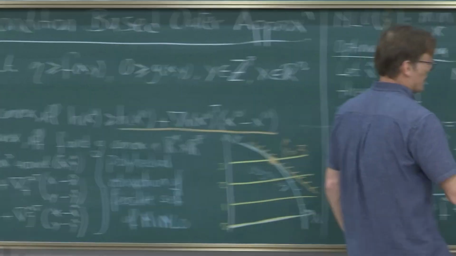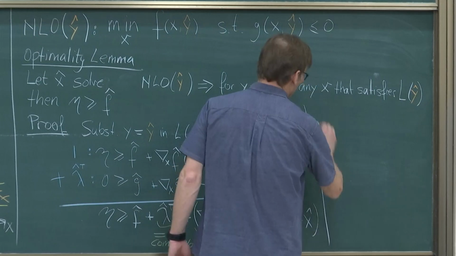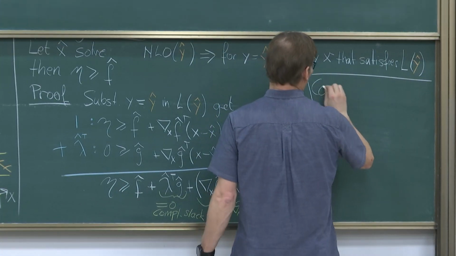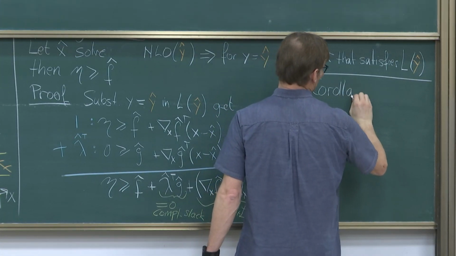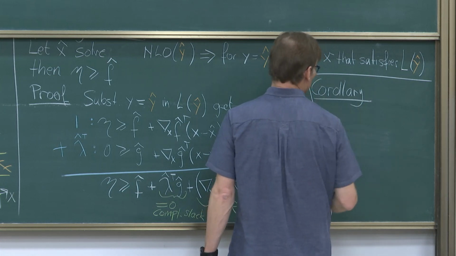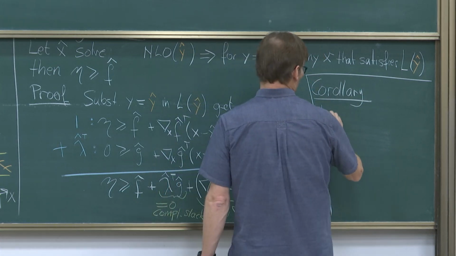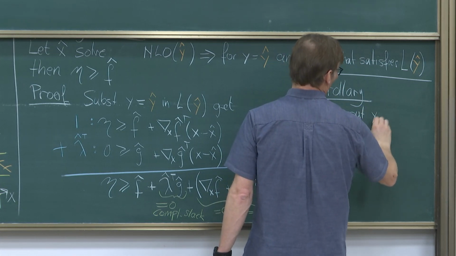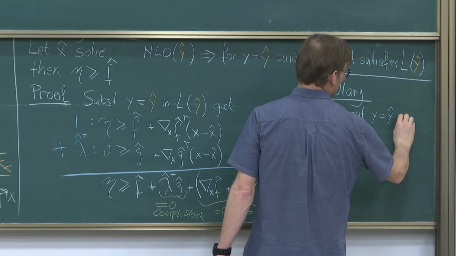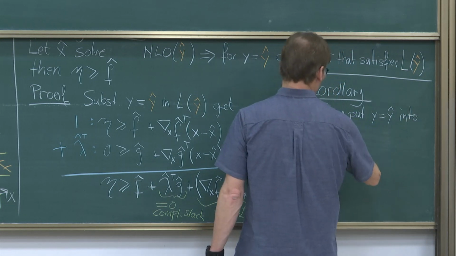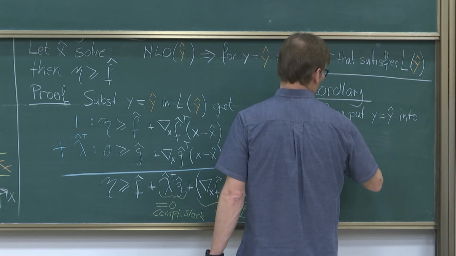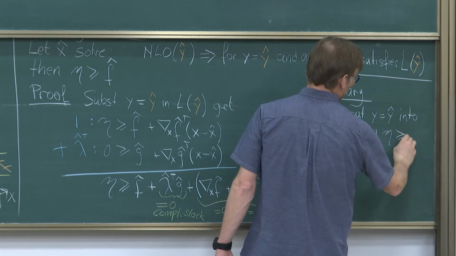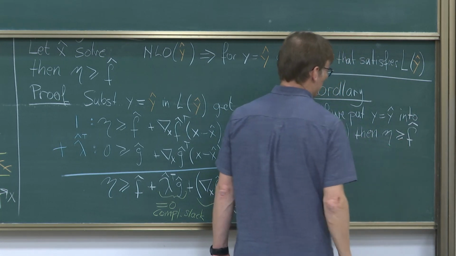So there's maybe a corollary here, and that makes it maybe clearer. Let's see if I can formulate this clearer. If we put y equals y hat into L of y hat, then eta is greater or equal to f hat.